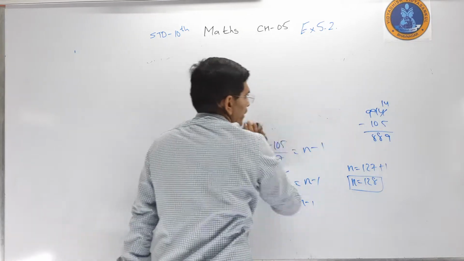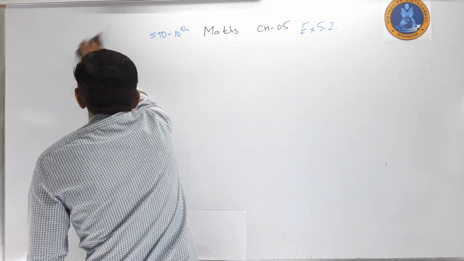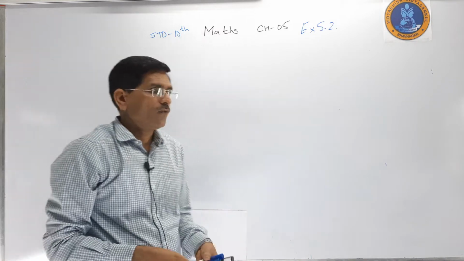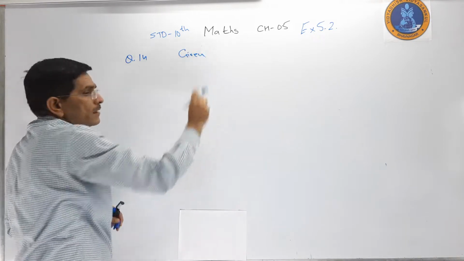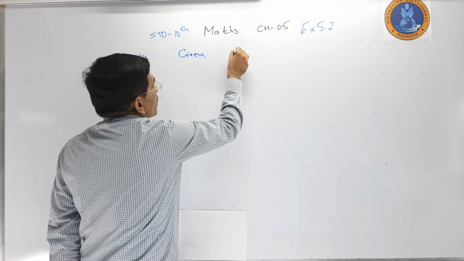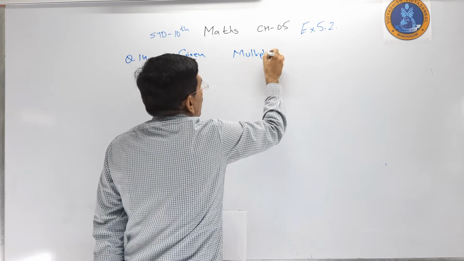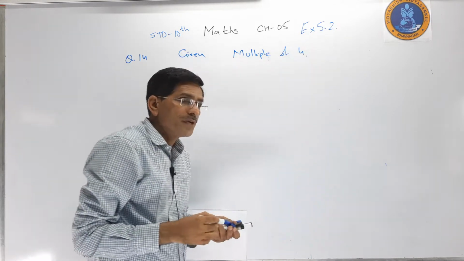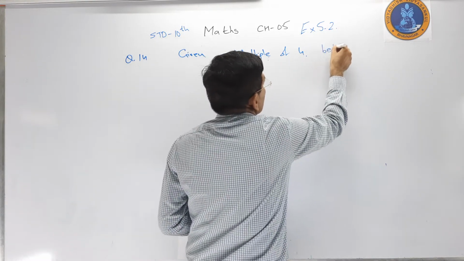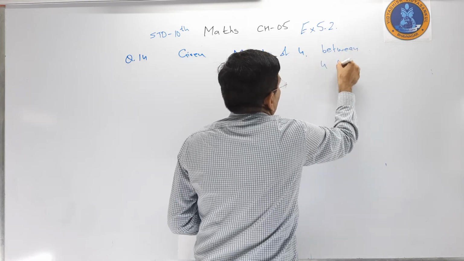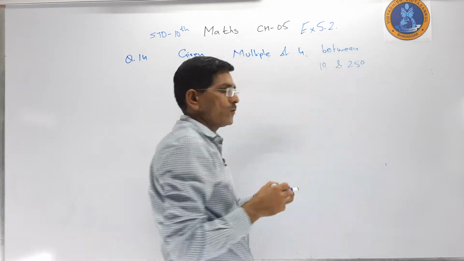In question number 14, how many multiples of 4 are there between 10 and 250?